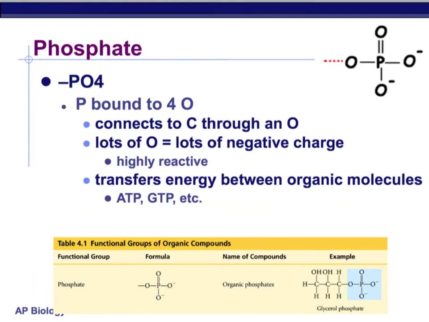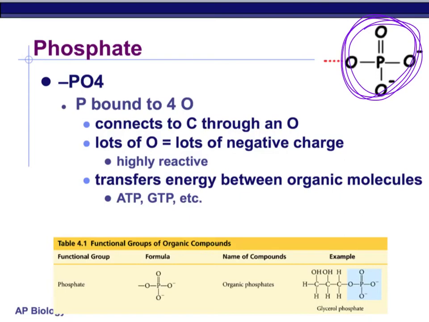Okay, phosphate group. This one you should be familiar with from freshman biology. Big structure within DNA. Without this guy, DNA kind of wouldn't really work the way that we need it to. Also found in ATP, the energy molecule of the cell, so really important structure. Phosphate groups are phosphorus bonded to 4 oxygens. 3 of them are single bonds, and 1 of them would be a double bond.